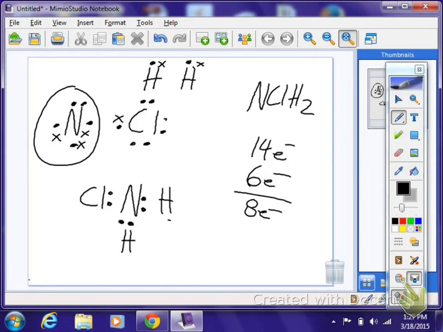I said hydrogen is a branched atom, but hydrogen is complete with the 2 electrons. You don't add any more to hydrogen. Hydrogen is complete after it has its 2. Everything else has to have 8. So I'm going to take the branched atom of chlorine and put 6, or 3 pairs, of electrons around chlorine.